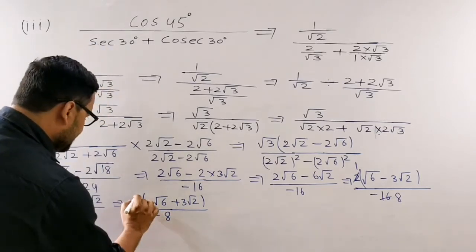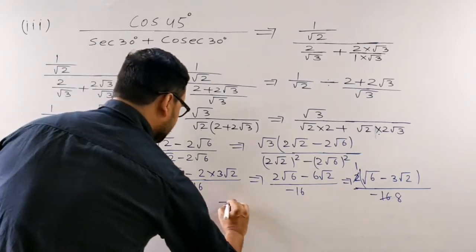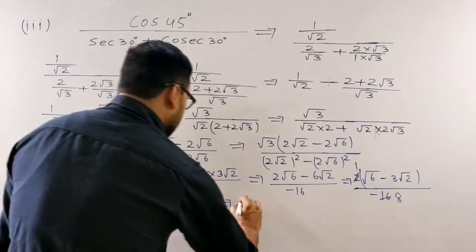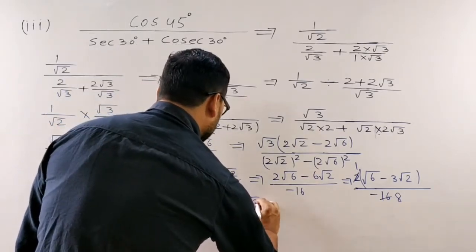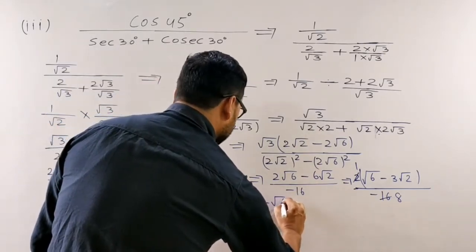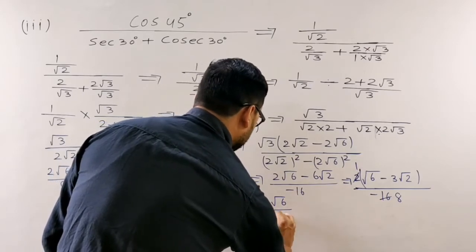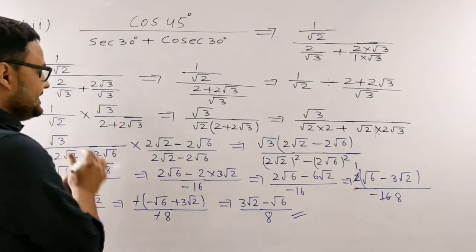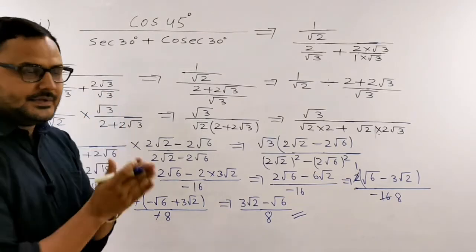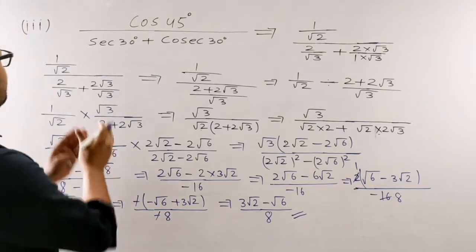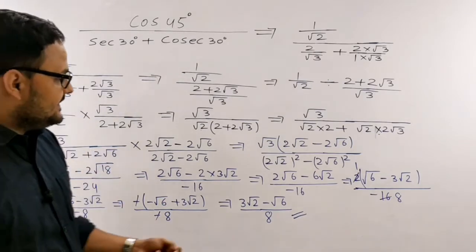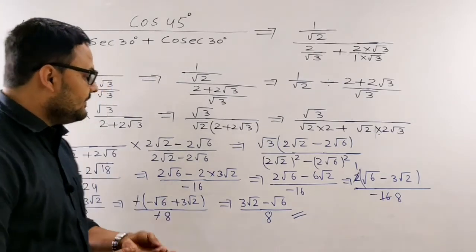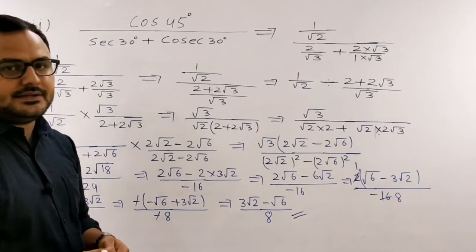Why did I do all these things? So I can cancel minus minus. Now I can write this as 3 root 2 minus root 6 by 8. And this is the answer. I told you in the starting it is going to be a little bit long, but it's not difficult. So for the third one, the answer is 3 root 2 minus root 6 by 8.